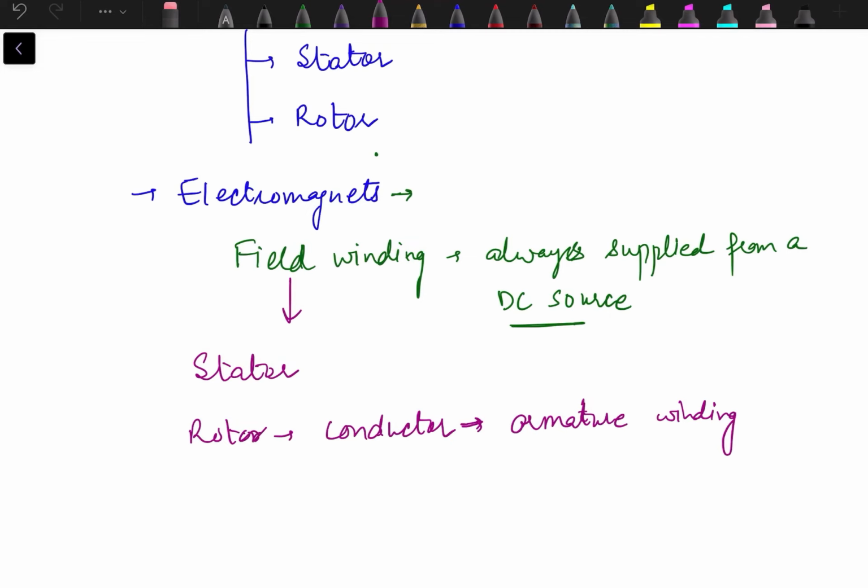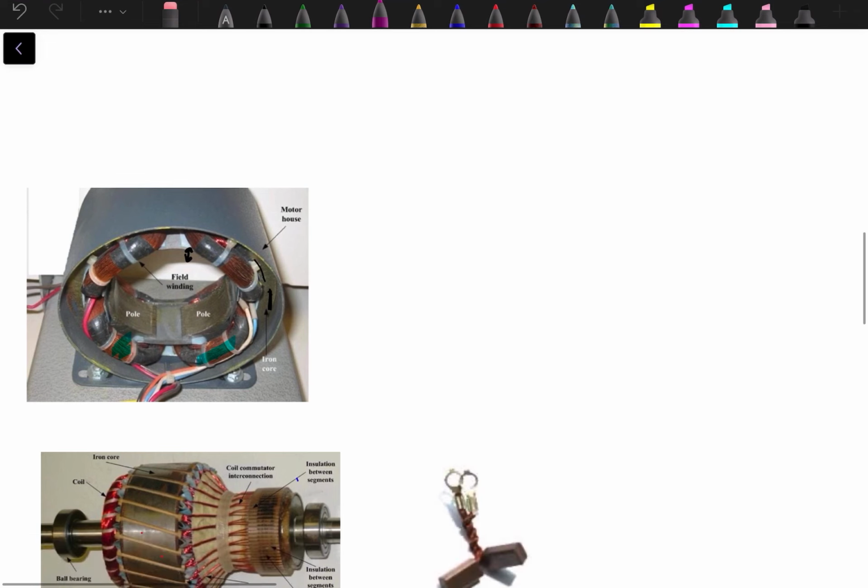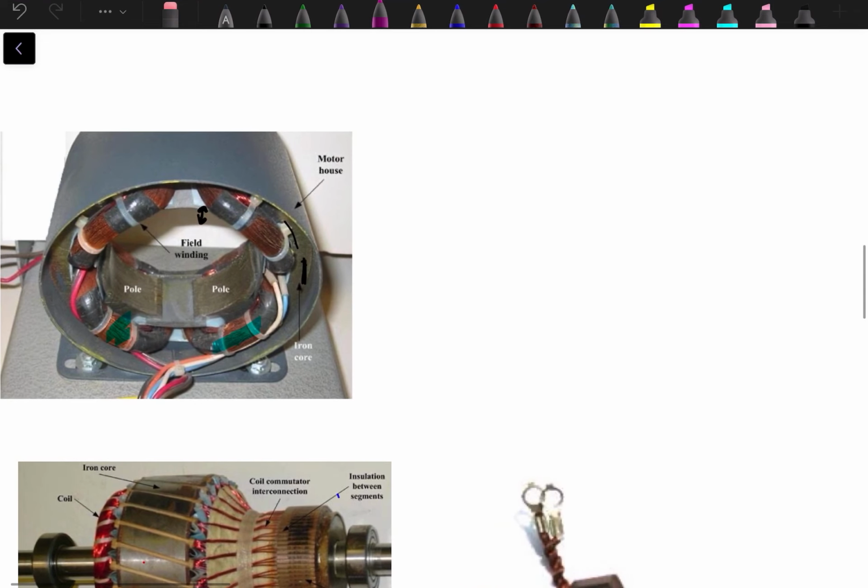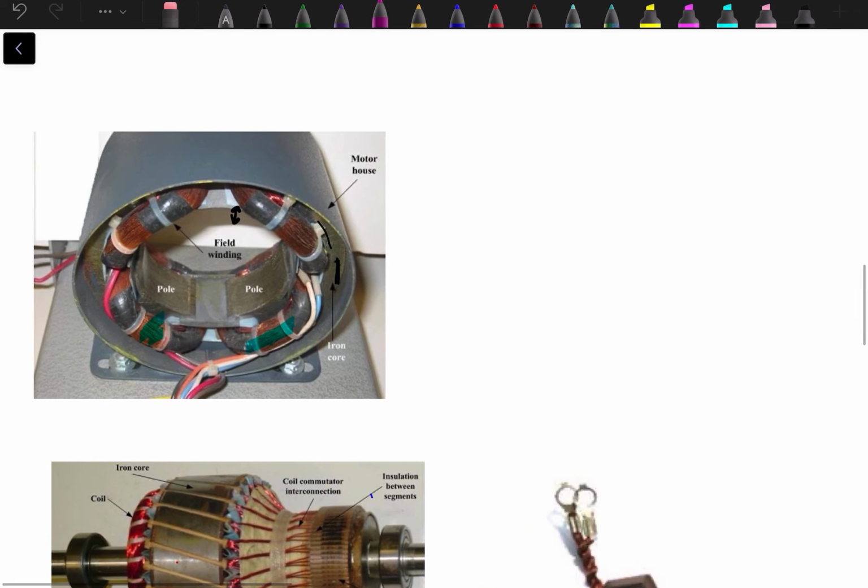So moving on to the construction, this is how a DC motor stator looks. So we have the outer frame, or the motor house or the generator house. From outside, it looks like this only.